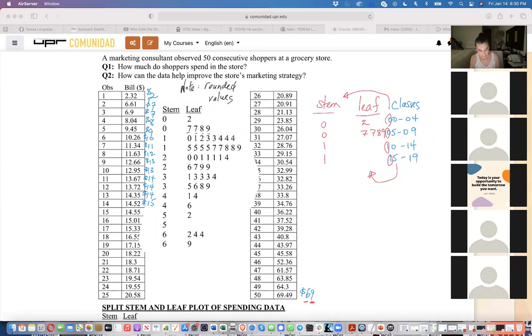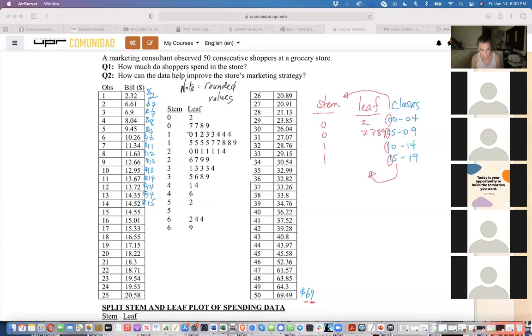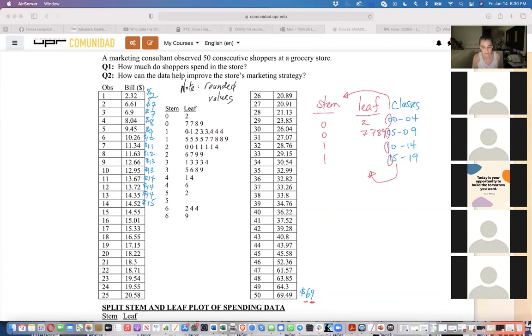In this case, it's not about observation, it's about price, the spending. Yes, that's right. We're observing how much they spent.